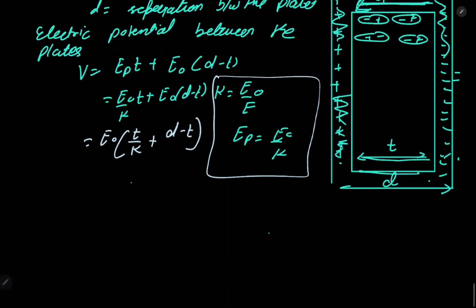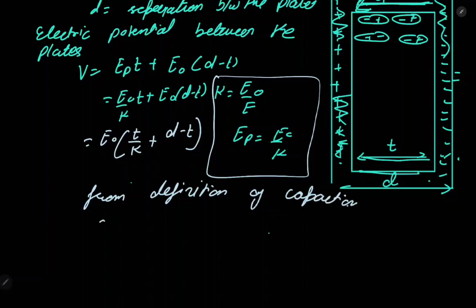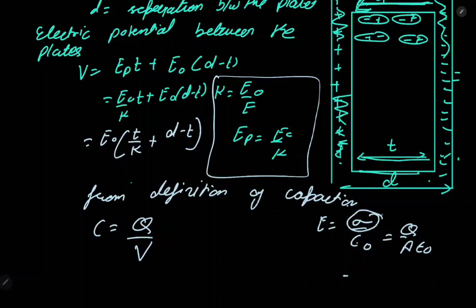Now I know that from the definition of capacitance, C is equal to Q upon V. Q is equal to, we know that in terms of surface, the electric field due to a plate is equal to sigma upon epsilon naught, and sigma is equal to Q upon A epsilon naught. Sigma is the surface charge density, which is written as Q upon A, right?